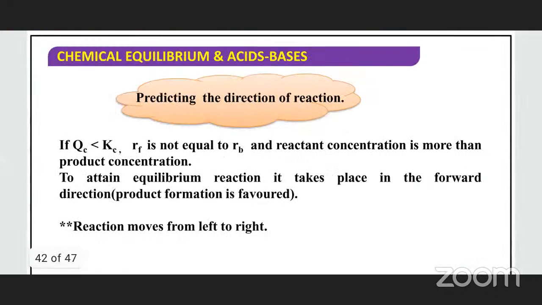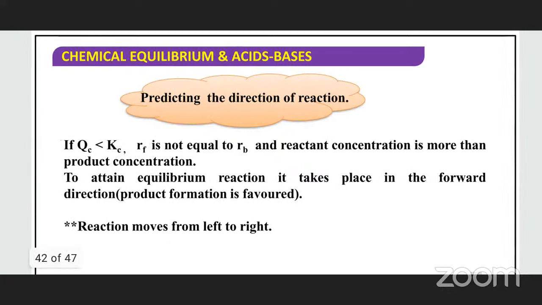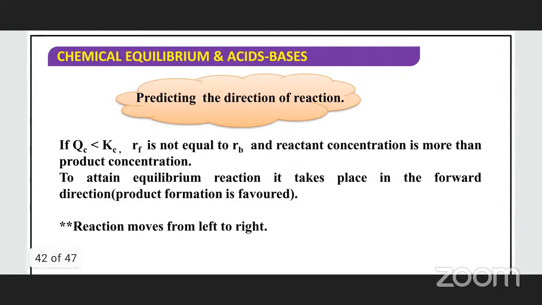If Qc is less than Kc, Rf is not equal to Rb, and reactant concentration is more than product concentration. To attain equilibrium, the reaction takes place in the forward direction.